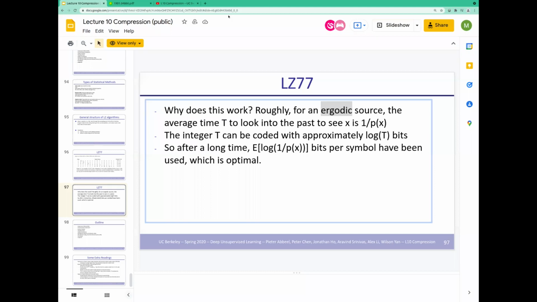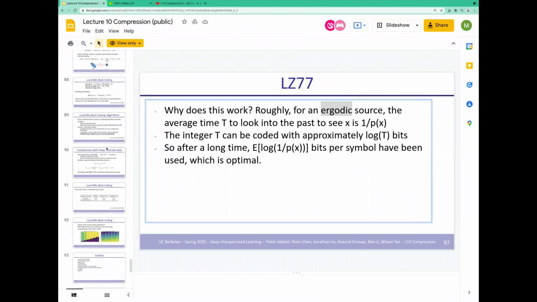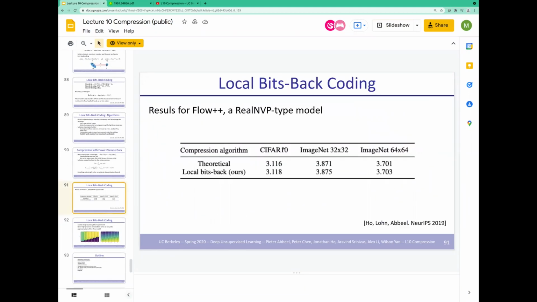The other thing is that I think lossless images of ImageNet is not very useful, because it's very low resolution, and you don't really need lossless there.